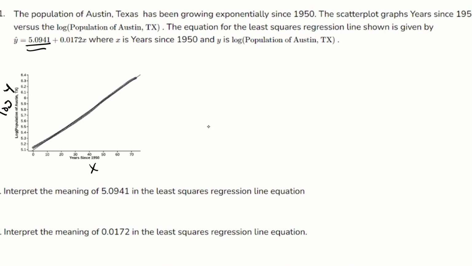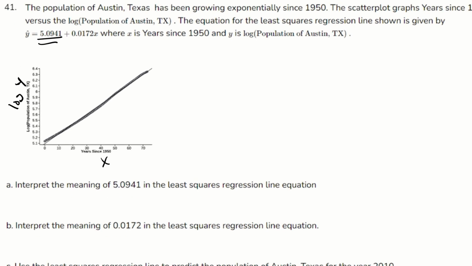Okay, all right, so interpret the meaning of 5.0941 in the least squares regression line equation. So in this case, this means that when x is 0, you would get 5.0941, right? So the predicted population of Austin, Texas in 1950, because x is 0, so that means it's the year 1950, is 5.0941.